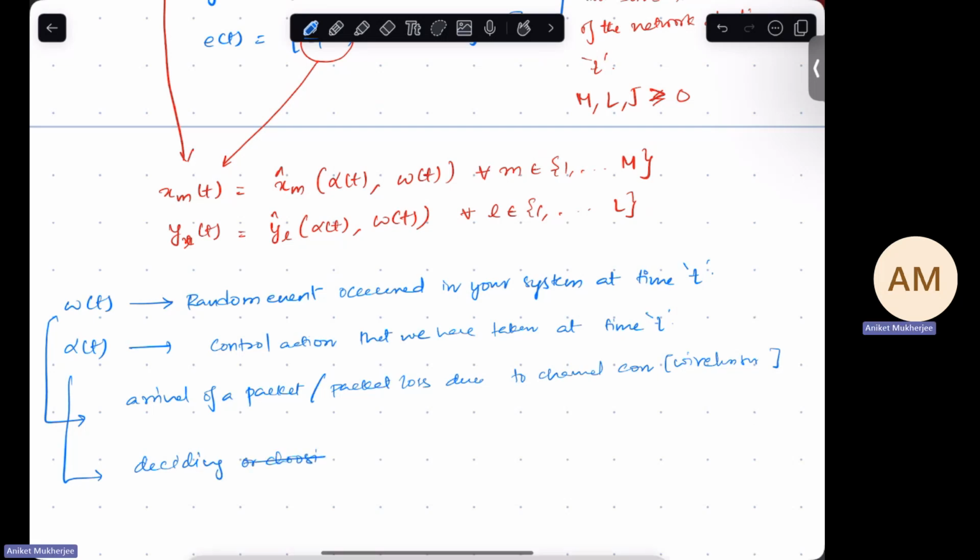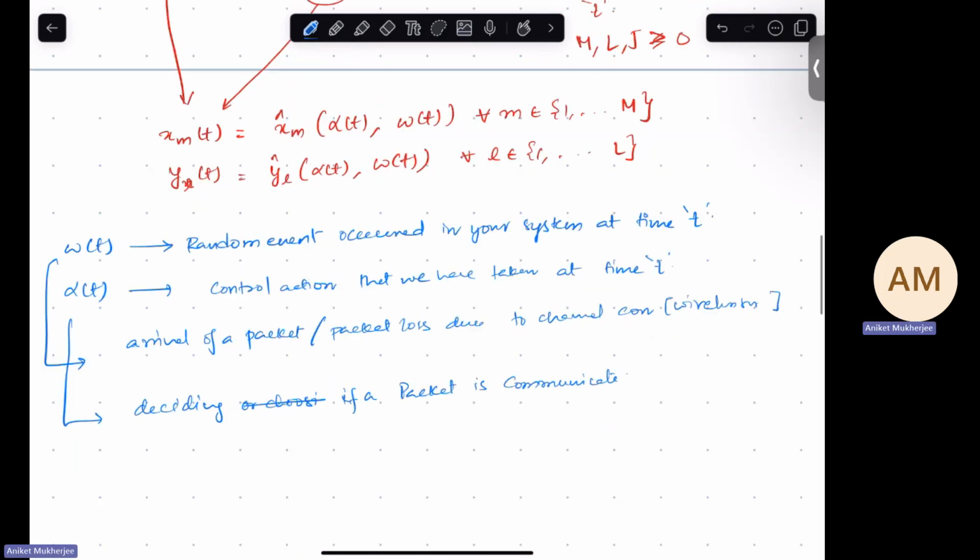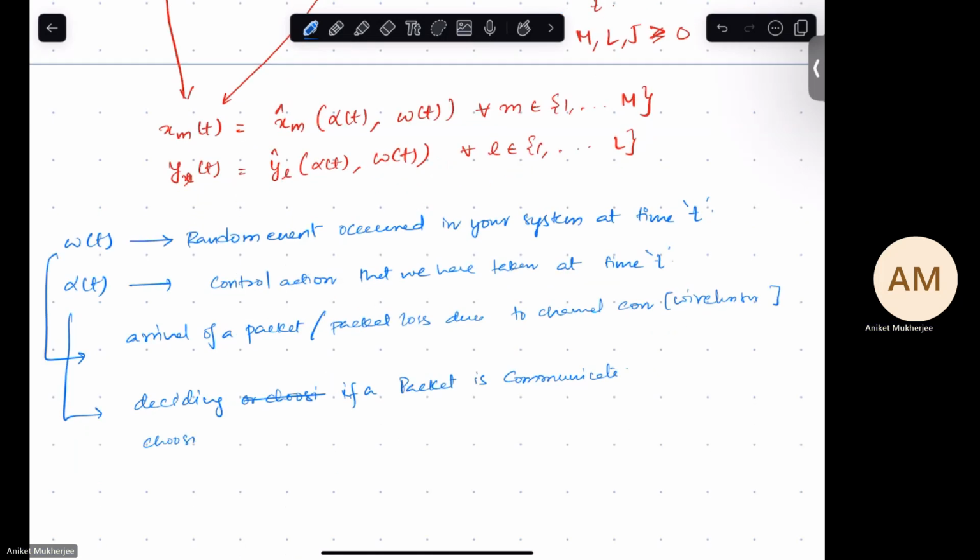So it's basically deciding if a packet is communicated or choosing which packet must be communicated.